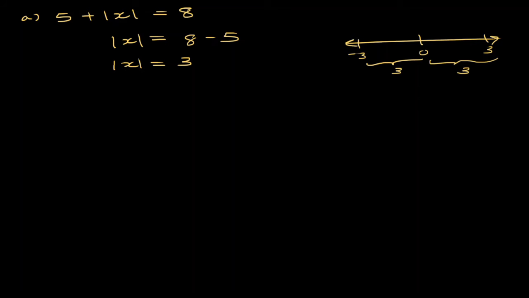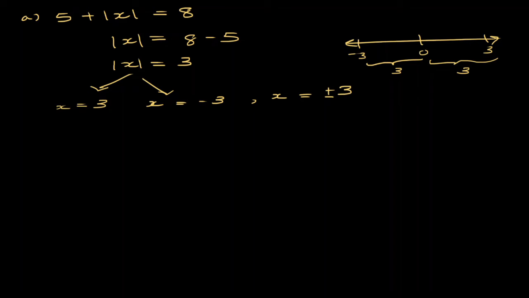So you actually get two solutions with absolute value problems. So x can be either 3 or x can be -3, because the absolute value of that gives you 3, the distance from the value to 0, or 0 to the value. And sometimes we can also write this concisely as plus minus 3.